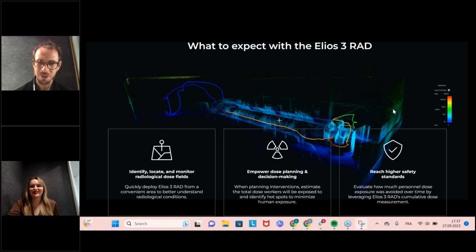Yeah, indeed. So as you know, Elios 3 is equipped with a lidar and is able to produce really precise maps, and this allows data localization. And this, coupled with the radiation measurements, we can colorize the trajectory of the drone with the measurements we take, and this allows us to precisely position and locate where radiation sources might be.